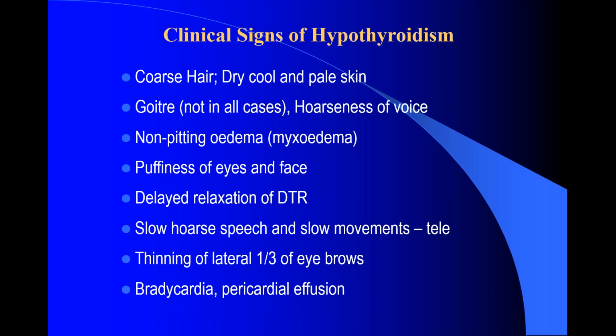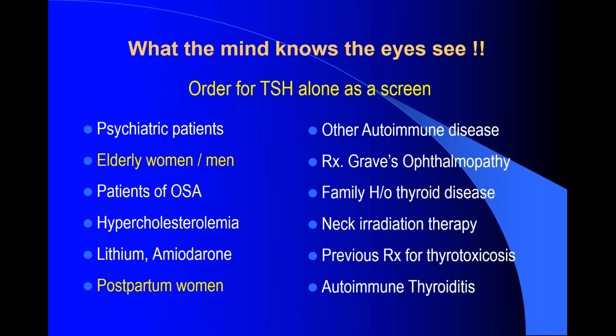Then the patient can have non-pitting edema, puffiness of eyes and face, delayed relaxation of deep tendon reflexes, slow speech and slow movements. Then there can be alopecia and thinning of the lateral third of the eyebrows, which is called madarosis. Then you can have bradycardia and pericardial effusion that you can see as signs also.